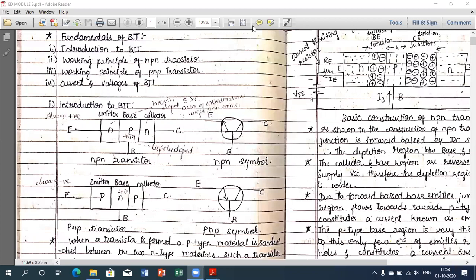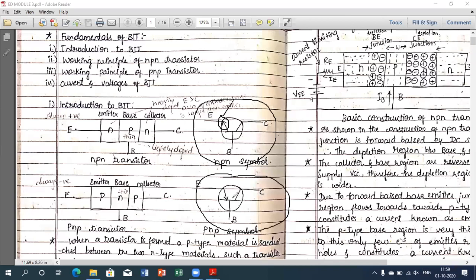Whereas these two are the symbols which are used here. This is the NPN symbol and this is the PNP symbol. The arrow mark shown here in the NPN transistor indicates the direction of conventional current flow, which is towards the emitter terminal.